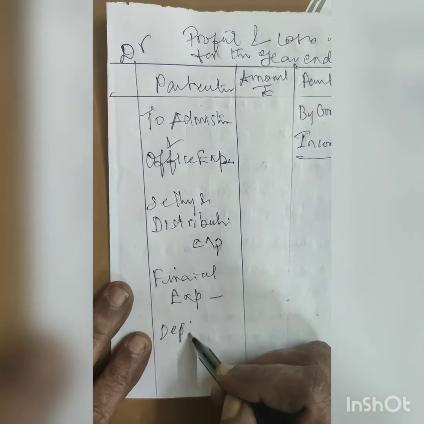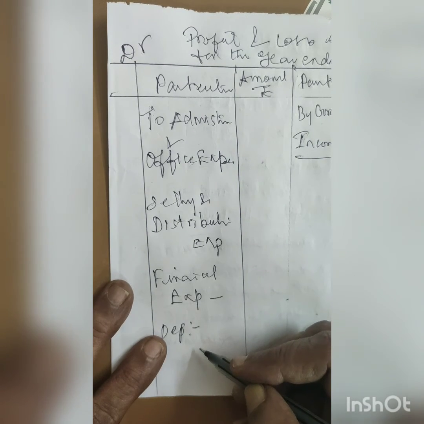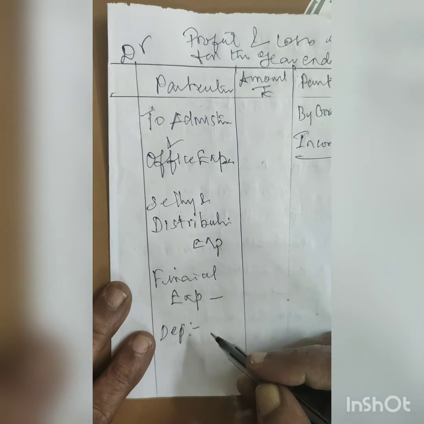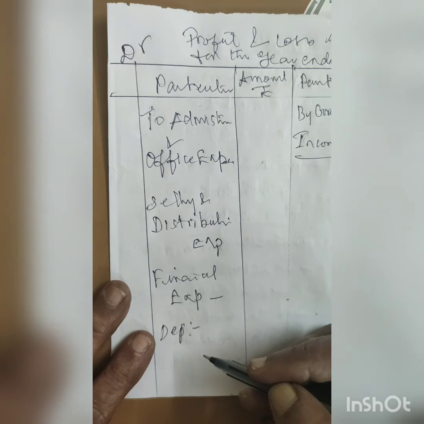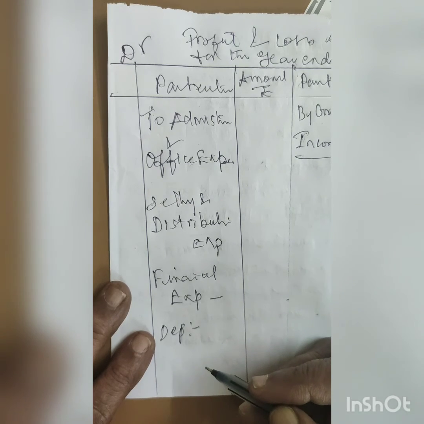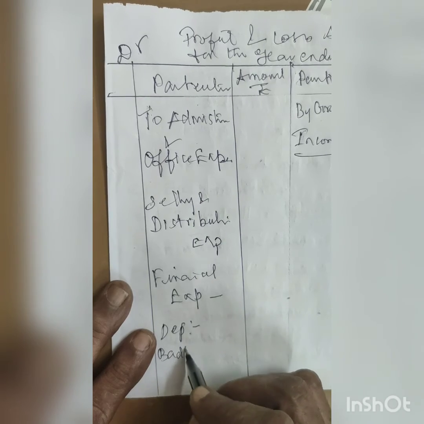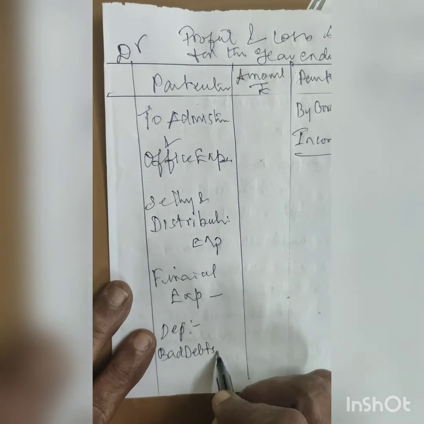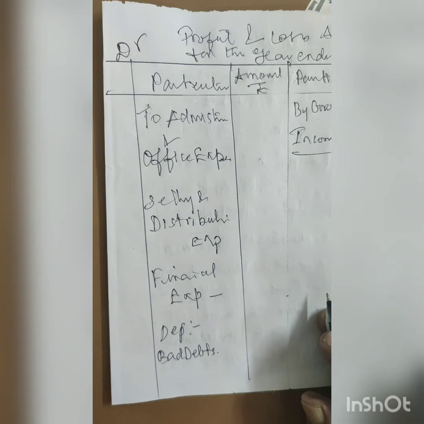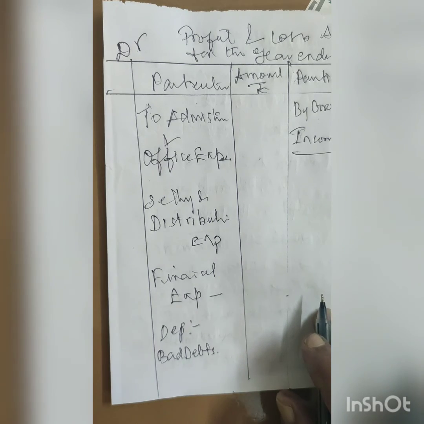Depreciation is an invisible loss on fixed assets, that means such as land and building, furniture and fittings, and machinery, etc. And bad debt. Bad debt is amount not paid by the customers. It will be treated as a bad debt.